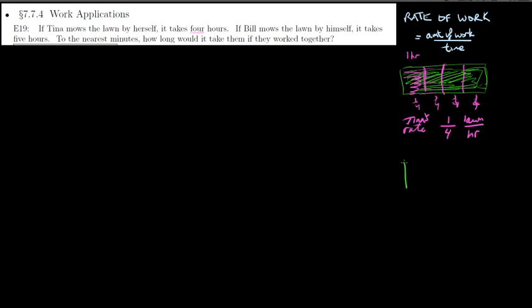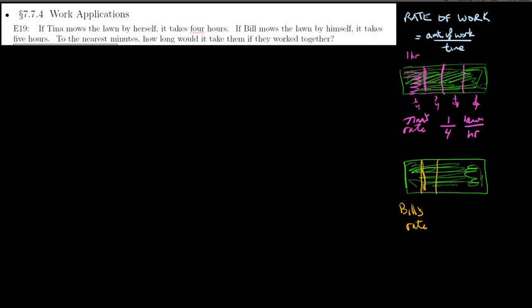Now, what about Bill? Bill turns out to be a little bit slower, because Bill takes 5 hours to do the entire lawn. So here's the lawn. What would Bill's rate of work be? If it takes 5 hours to do the entire lawn, in 1 hour you only do about 1/5 of it, 20%.